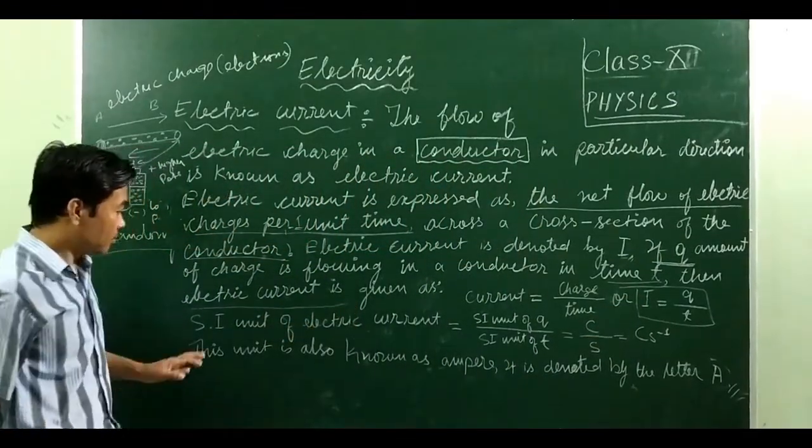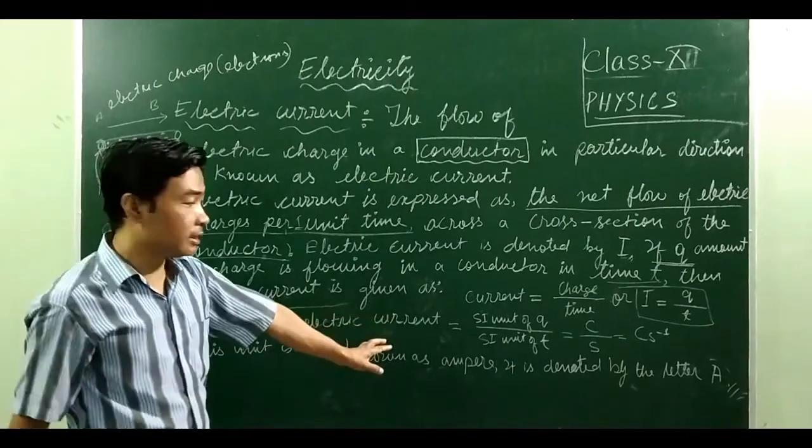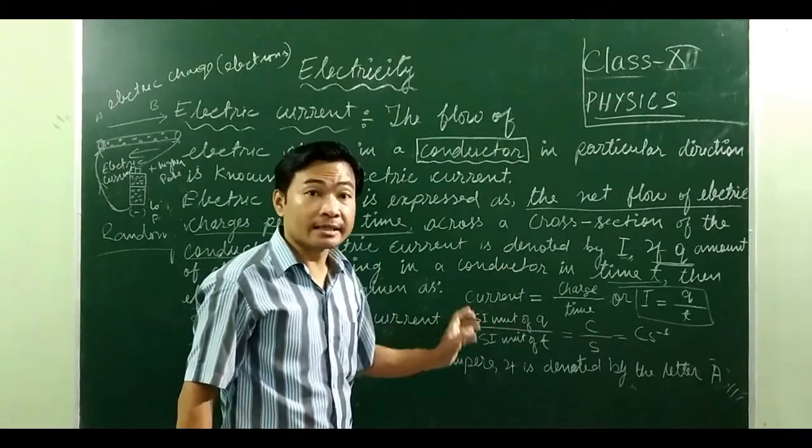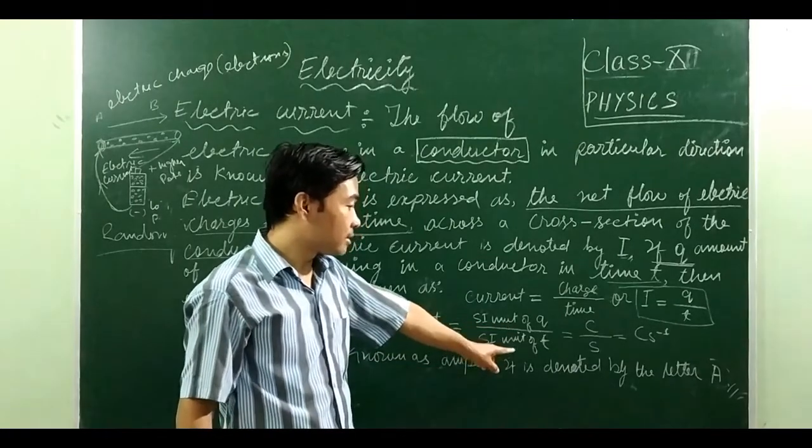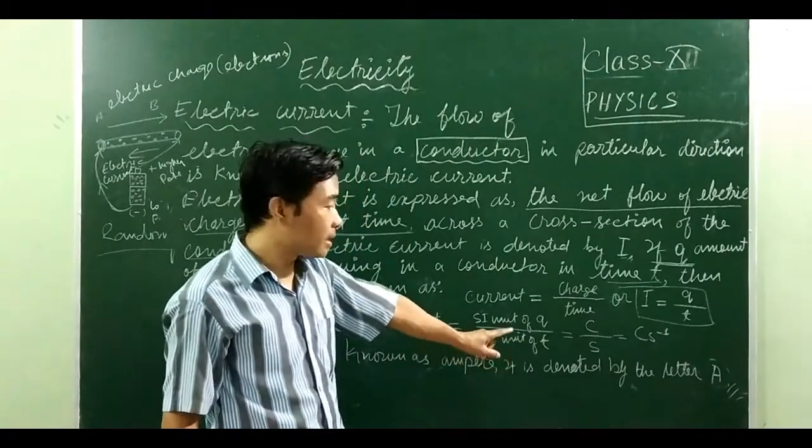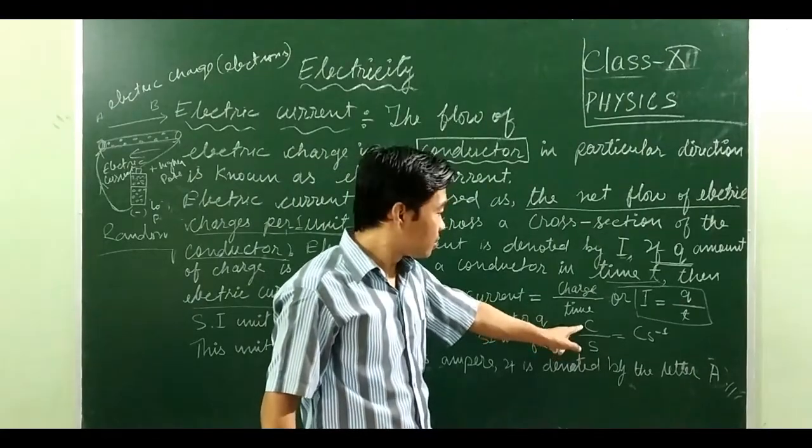Now the SI unit of electric current will be the SI unit of the charge upon the SI unit of time. So what do we know? The SI unit of charge is coulomb, right?